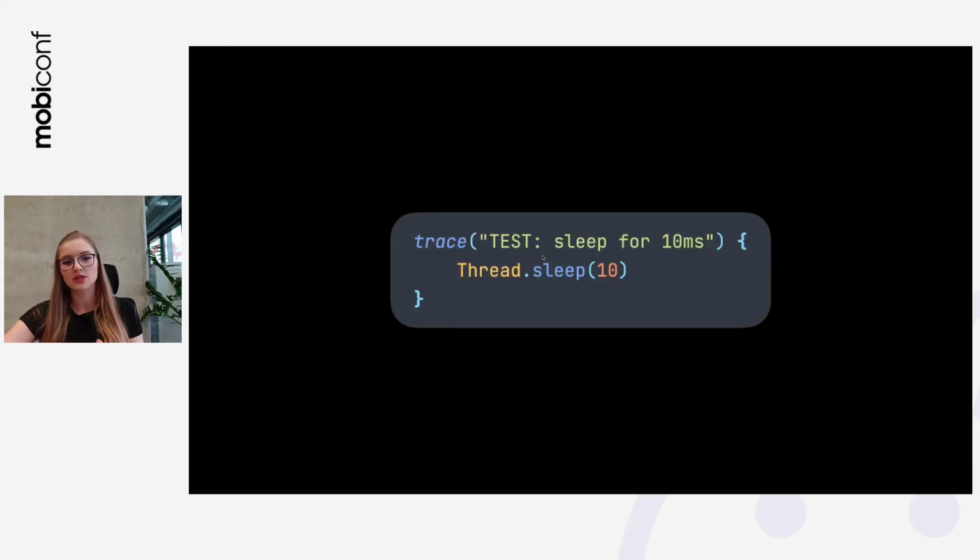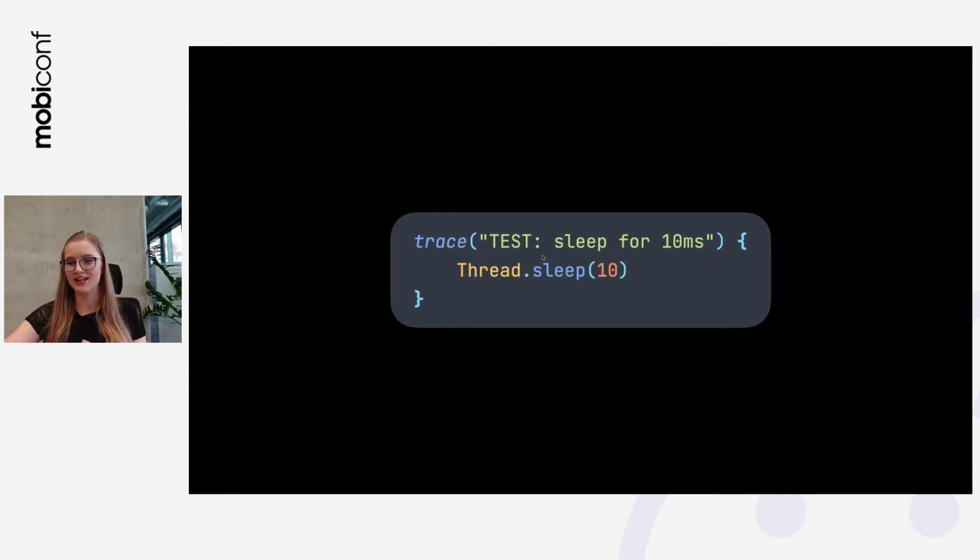But it does not have to be a problem, because if we need to see how long it took to execute some specific method, we can use a custom trace like that. As you can see in this piece of code, I wanted to see in systrace how long it took to sleep for 10 milliseconds. So I've put it inside a trace block.